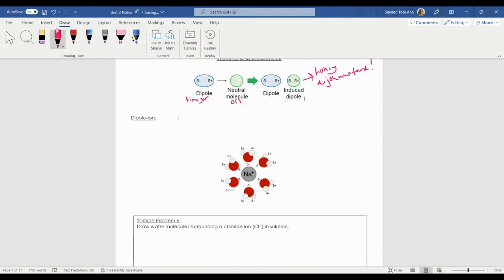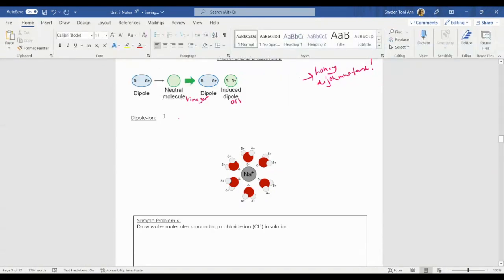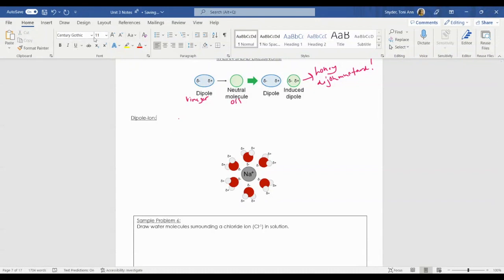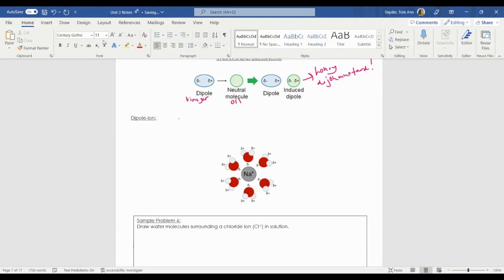So the last type of intermolecular force that we are going to talk about is a dipole-ion intermolecular force. Oops, oh gosh, I'm changing everything around over here. Okay, a dipole-ion. And actually, this type of intermolecular force might be the strongest because we are starting to introduce an ion into this scenario.